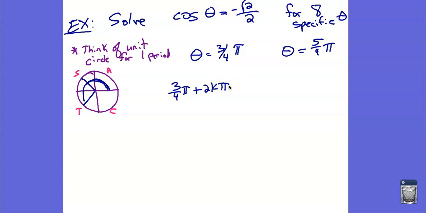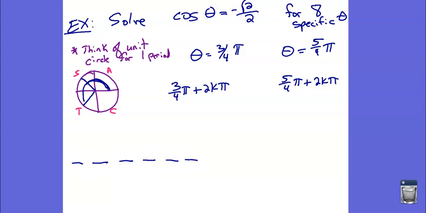It's not a big deal, but typically we want to write pi last. And the same thing here is 5/4 pi plus 2k pi. Now, that's for all k. I don't want all thetas. I want 8 specific ones.